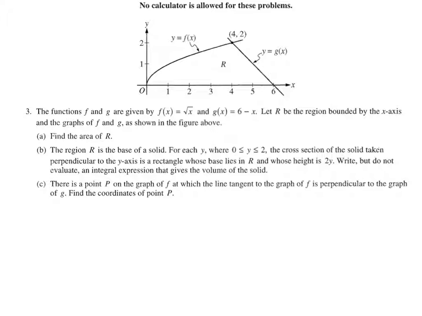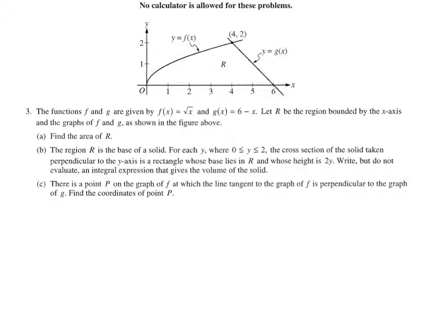So what they're looking at here, perpendicular to the y-axis, is slices are going like this, and also because of that we are integrating with respect to y. So that means for this particular problem, because it's perpendicular to the y-axis, I definitely have to change the two boundary equations to rewrite them as x equals.